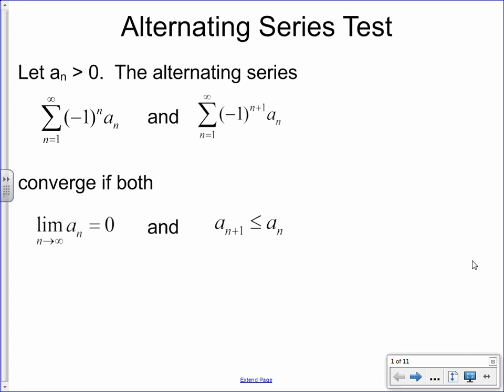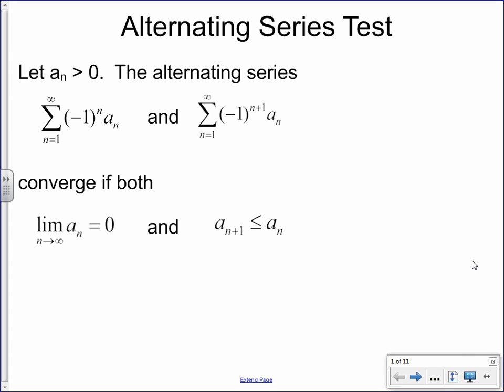This is like the nth term test plus a bit more. So yes, this is basically saying, all right, it passes the nth term test. And what does this mean? It's decreasing.